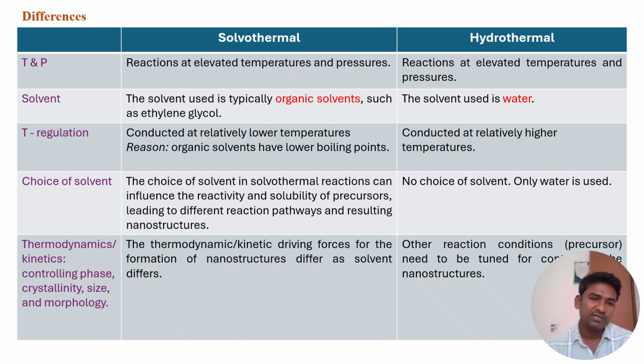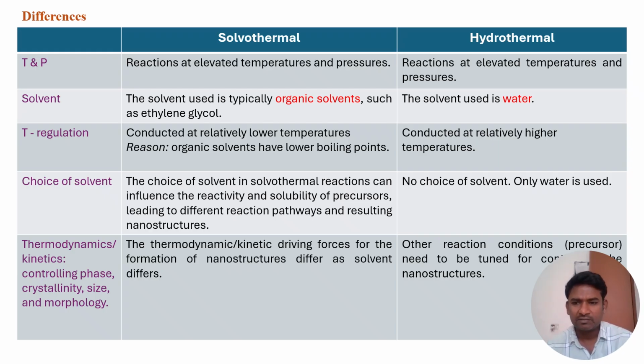In terms of temperature regulation, solvothermal is conducted at relatively low temperatures. The reason is organic solvents have low boiling points. They are low boiling solvents. So we cannot heat the reaction mixture to 500 or 600 or 700 degrees Celsius, at which the organic solvents will cleave and decompose. In hydrothermal, it is conducted at relatively high temperatures.